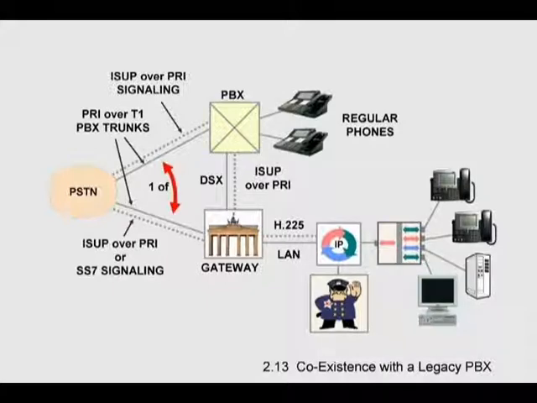At the top of the diagram is the PBX. So this is the existing technology, and we've got regular phones plugged into it. What we want to do is to deploy the voice over IP stuff in the bottom of the diagram in a small area while keeping all of the rest of it working.